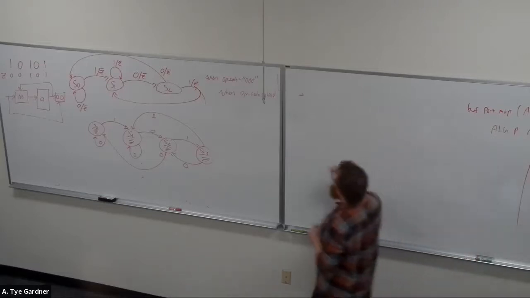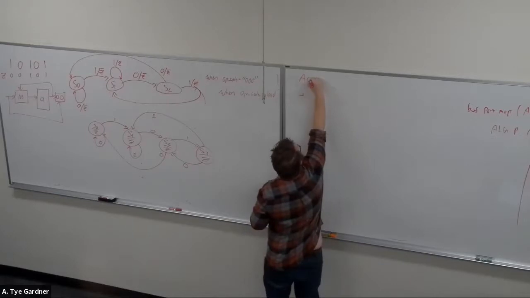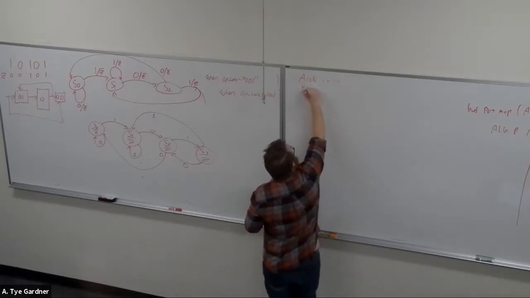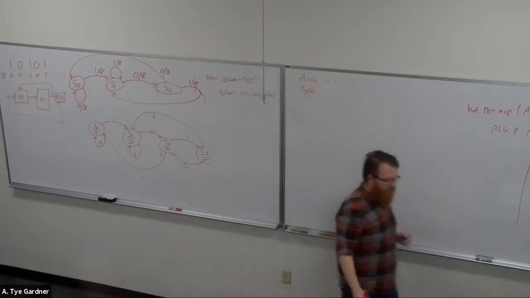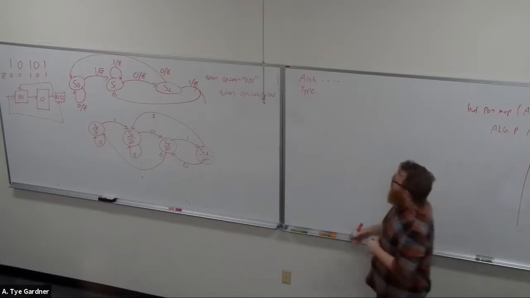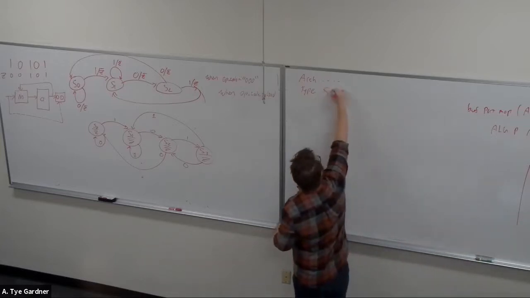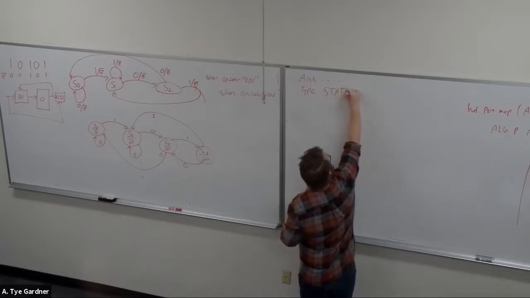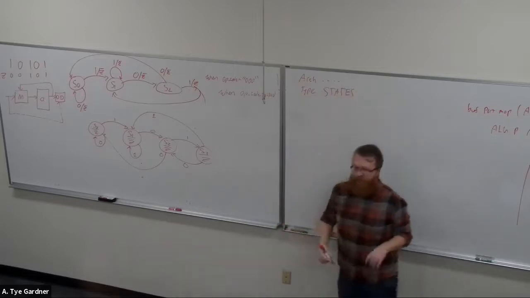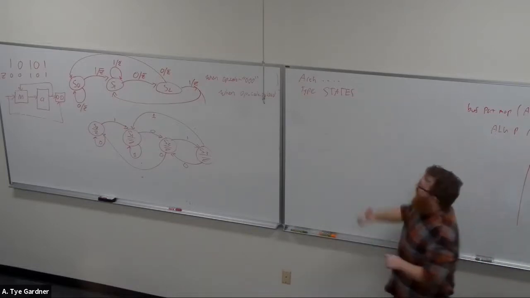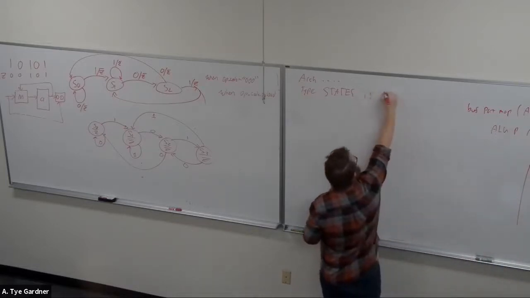So, how do we do that? Architecture, blah, blah. Type. I just say type, just like I say signal. And I'm going to give it a name: STATES. When I create states, I like to just do it all caps. It keeps it a little bit different. And then I just say is.